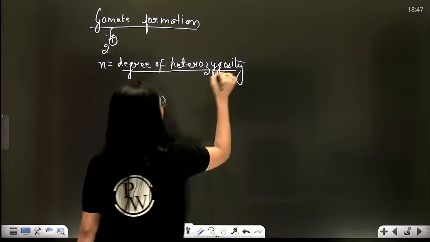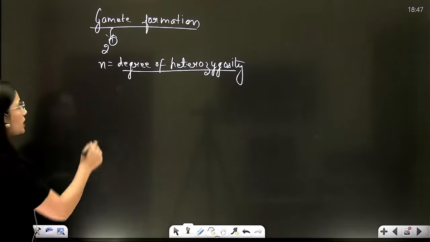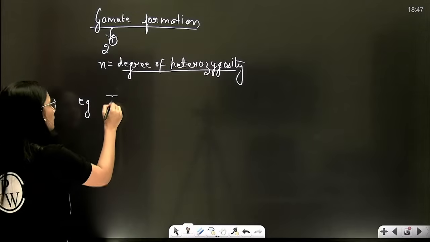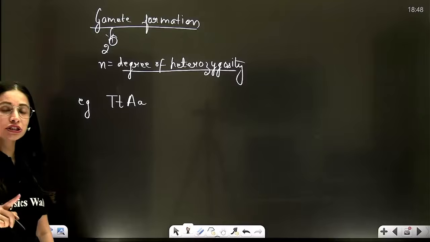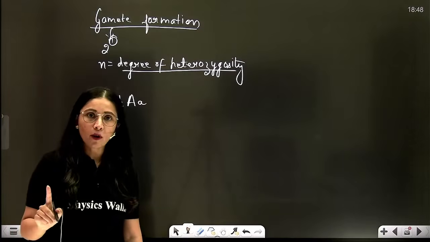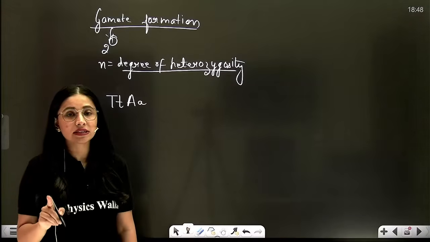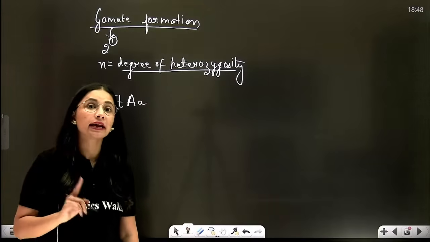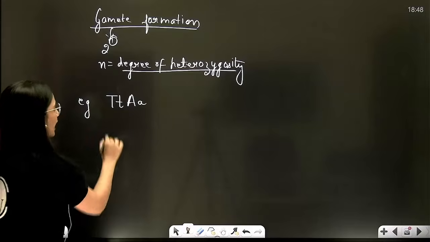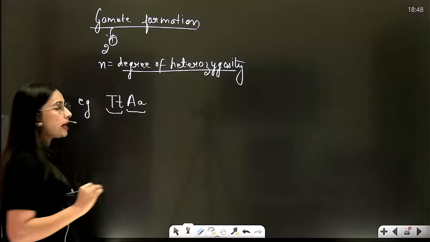Degree of heterozygosity. For example, beta, there are two genes. One is the T gene, one is the A gene. In a diploid organism, both genes are represented by a pair of alleles and both are present in their heterozygous state. Capital T, small t, capital A, small a.